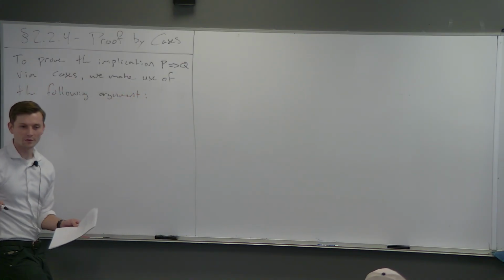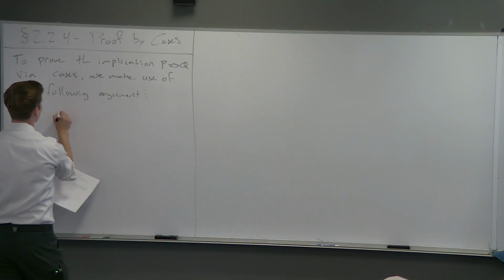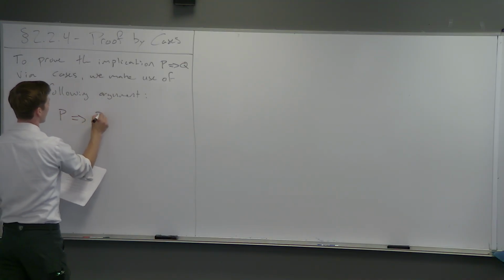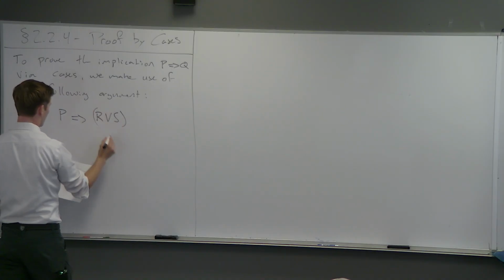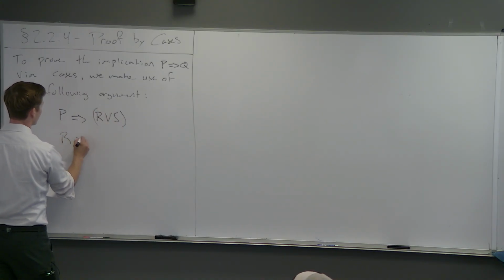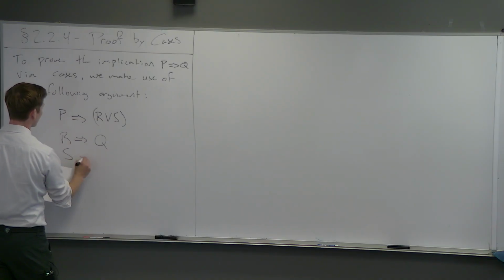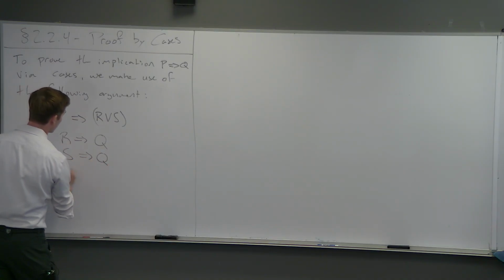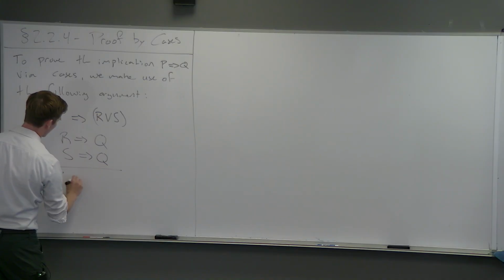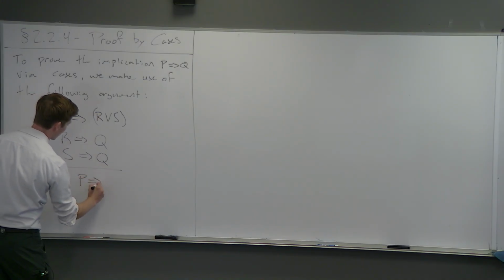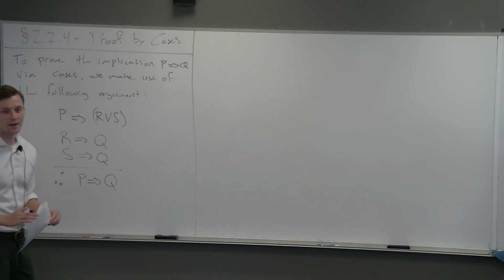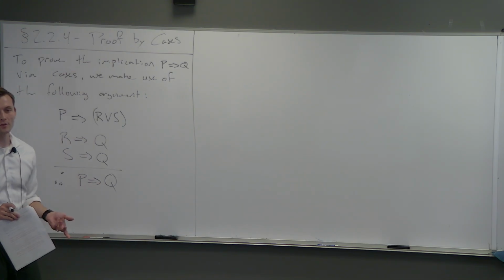You will prove this in your homework. You will show that P implies R or S, and R implies Q, and S implies Q, tells us that P then implies Q.